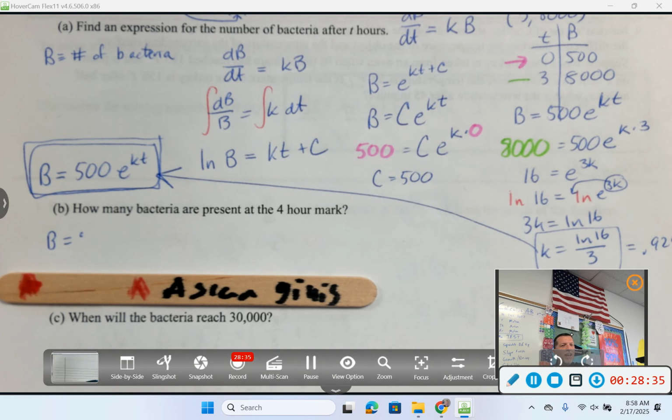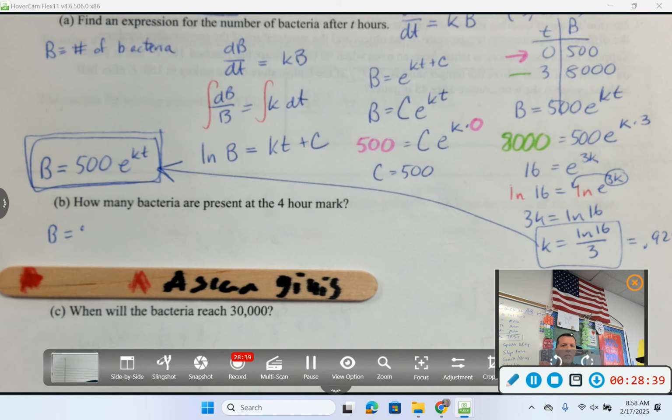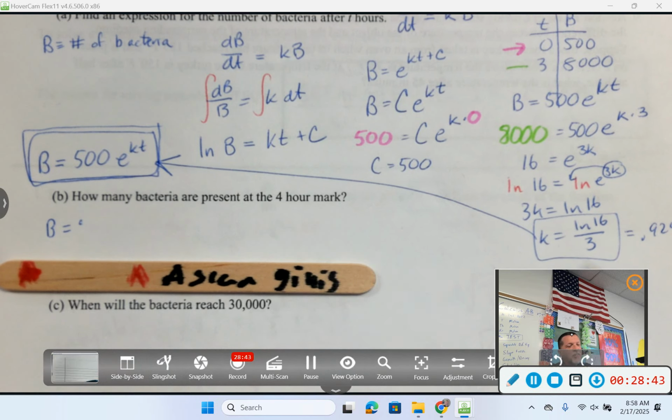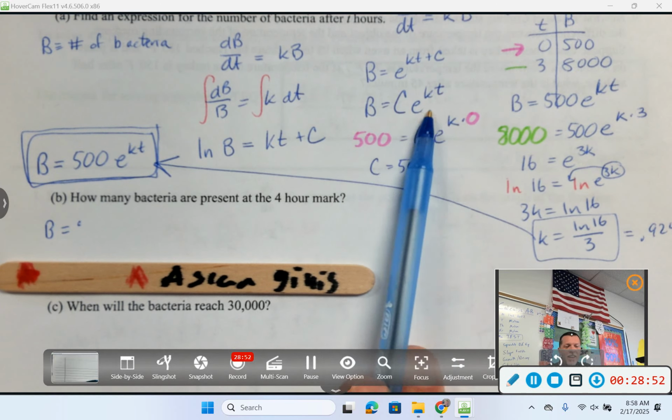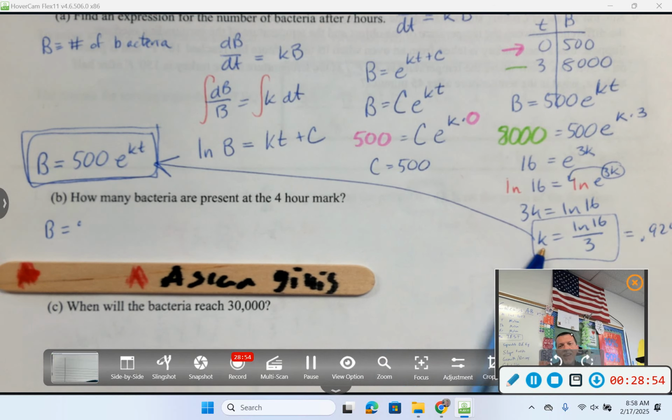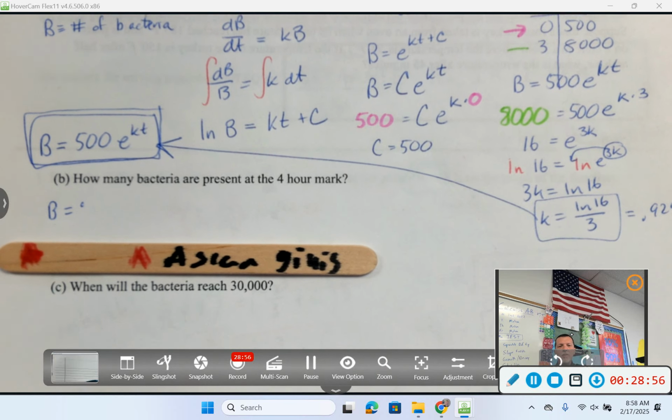So the answer was that expression, 500 e to the KT. Why did you solve it? Well, because it wasn't finished until I told you what K is. You also could have boxed up C e to the KT as long as you told me what C and K are. But C was an easy one, so we filled that one in.